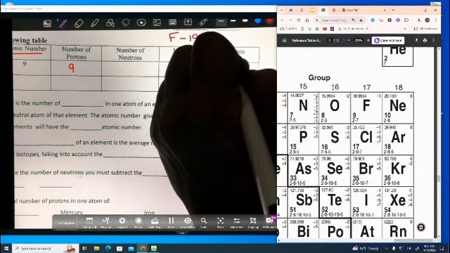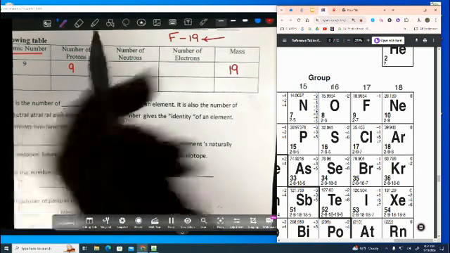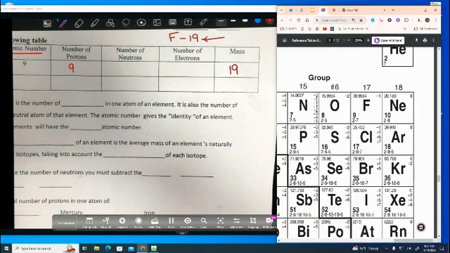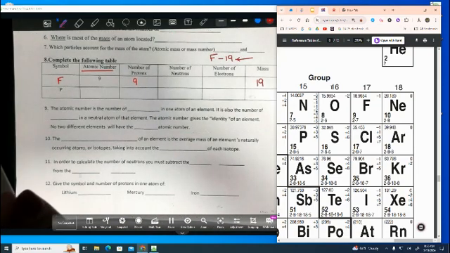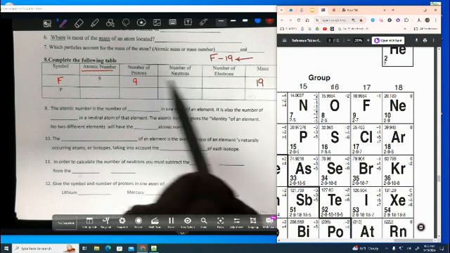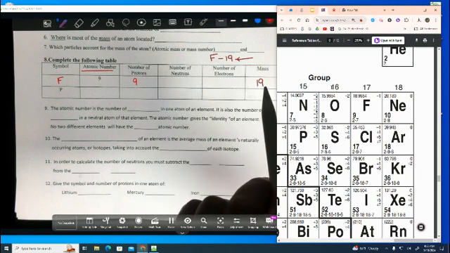So if we say the mass is 19, can we now find the number of neutrons? Don't give me the answer. Tell me how you did it. Andrew, how do you do it? You don't know? Okay, he needs some help. Go. Subtract the amount of protons from the mass. Right. So we have these two numbers. You see how this number is bigger?